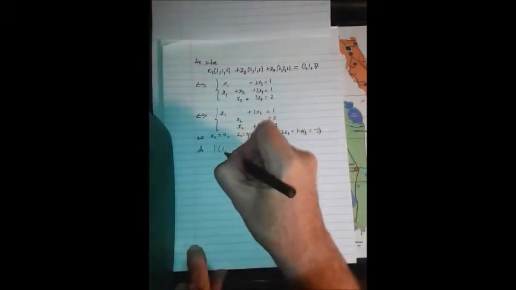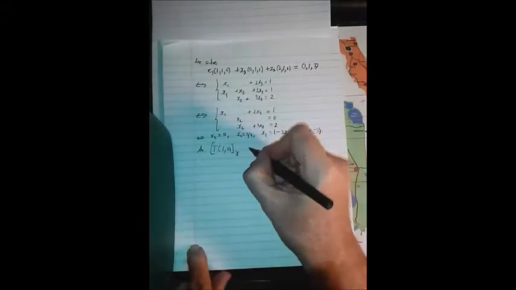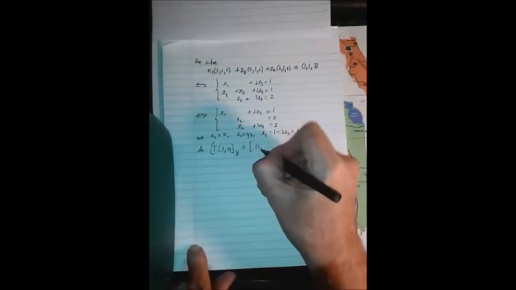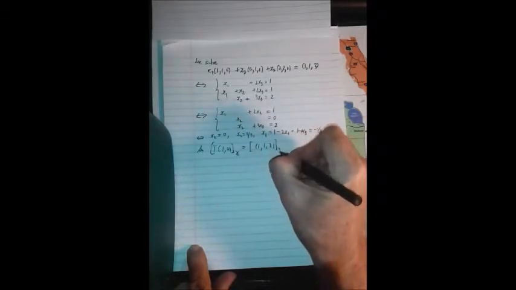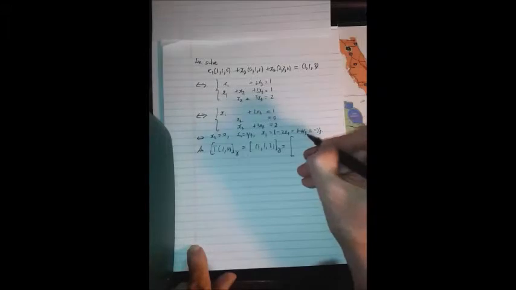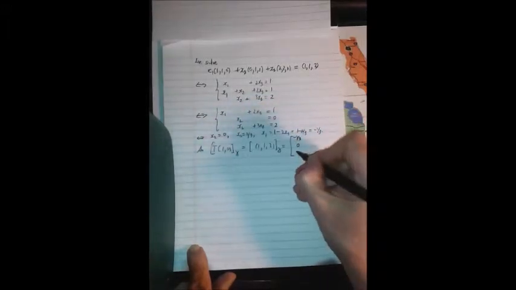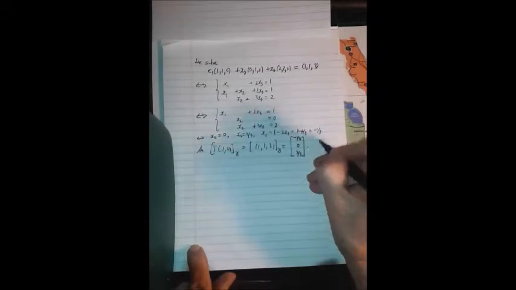So the coordinate vector of T of (1, 0) is the coordinate vector of (1, 1, 2), which we've calculated to be x1 is minus 1/3, x2 is 0, x3 is 2/3.